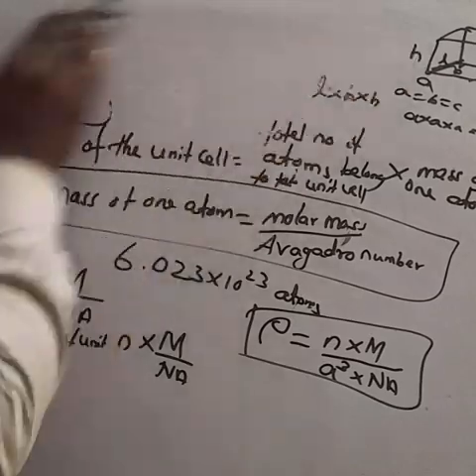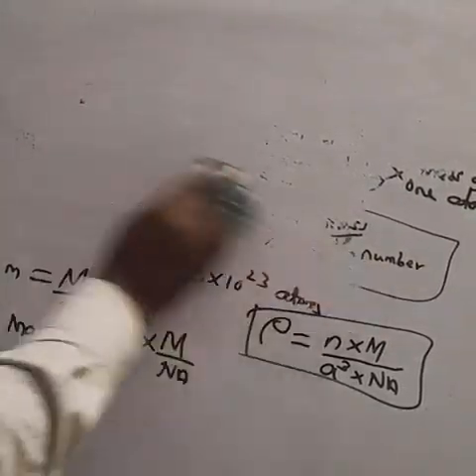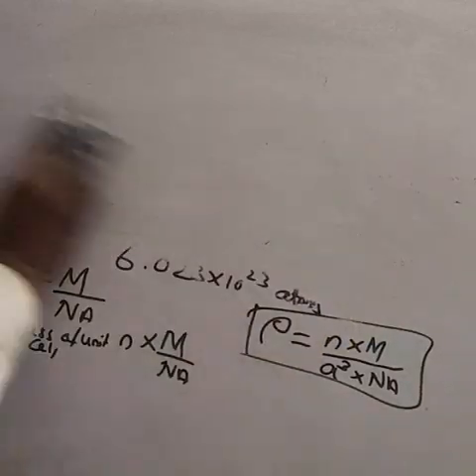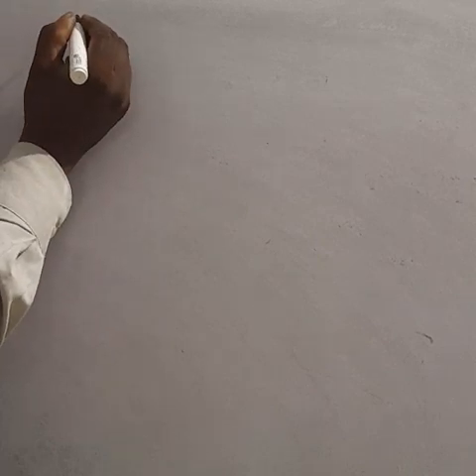Here we have 4 variables. What are the 4 variables? Rho is one variable, N is another, M is another, and A is the other. Out of these 4, if we know any 3, we can find the 4th one.